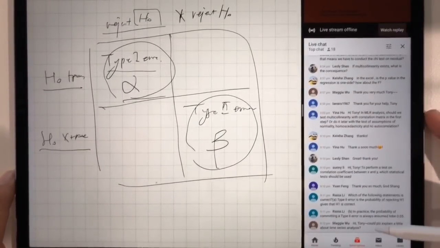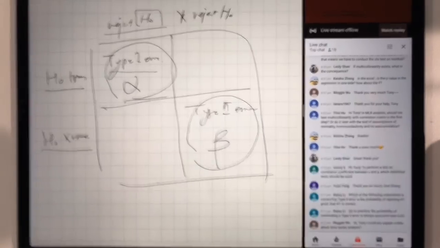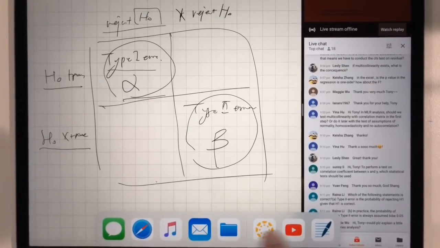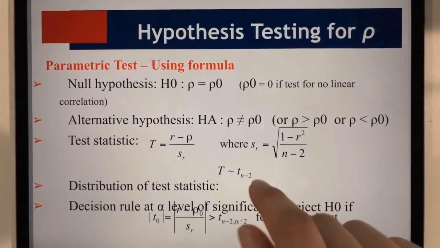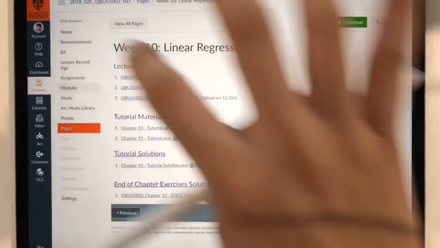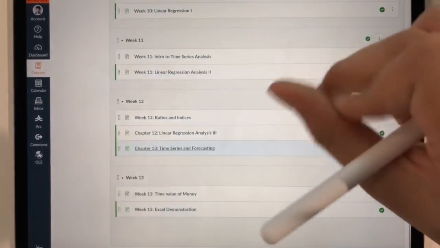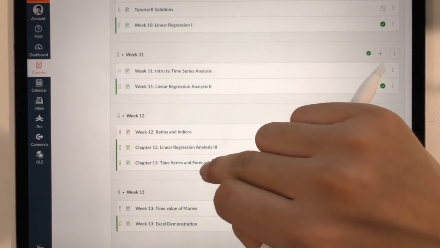Maggie Wu asks, hi Tony, could you please explain a little about time series analysis? So in time series analysis, as I can show you with much confidence, you will basically be tested on the smoothing of the data. So don't worry, Boris told me time series will not be that heavily tested.